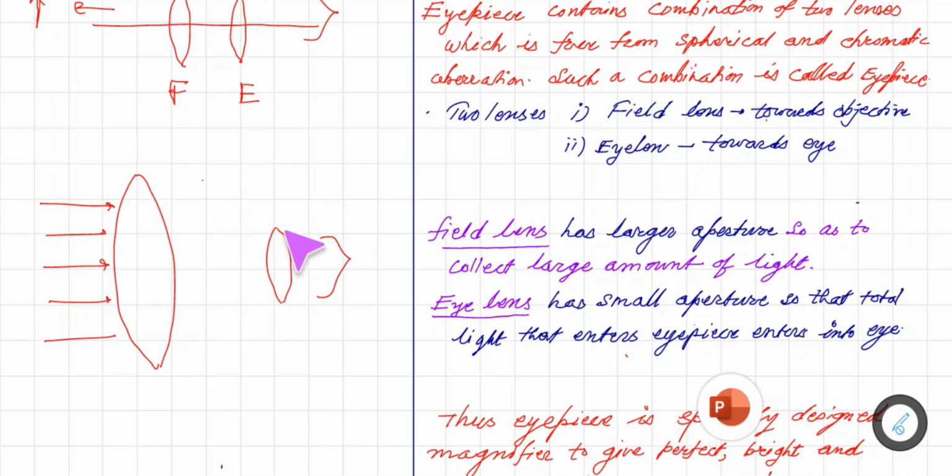So that is why in the eyepiece, the eye lens aperture is kept small, so that whatever rays or total light falls on the field lens can pass through the eye lens and enter the eye.